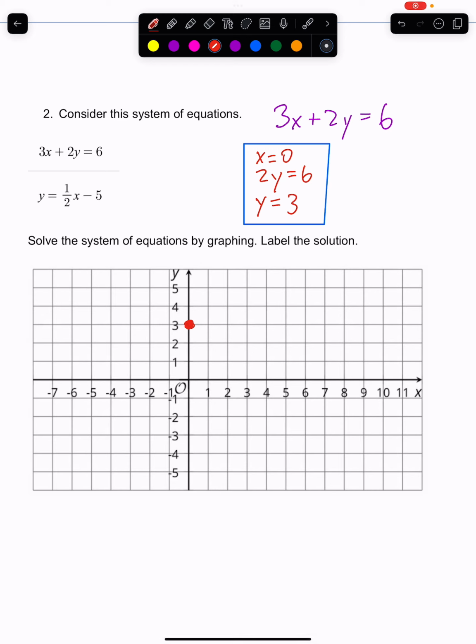I need one more point to graph a line. Let's find out what happens when y equals 0. When y equals 0, what's going to happen here? 2 times 0 is 0. All we got left is 3x equals 6.